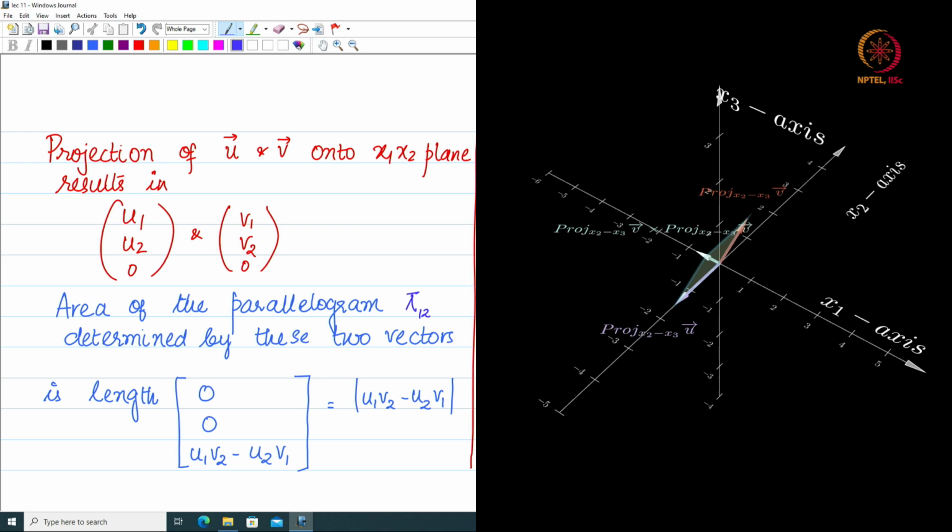That length is going to be the absolute value of u3 v2 minus u2 v3, right. So this is the area of the parallelogram in the plane pi 2 3.